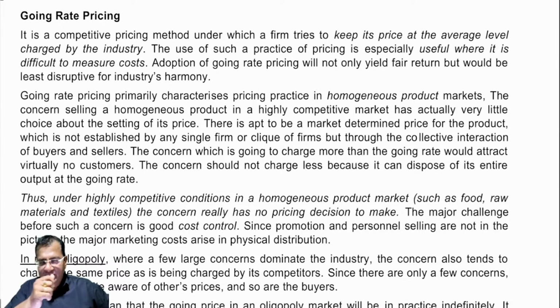When I am determining my sale price, when my sale price is equal to the average sale price of the industry, then it's known as going rate pricing policy.